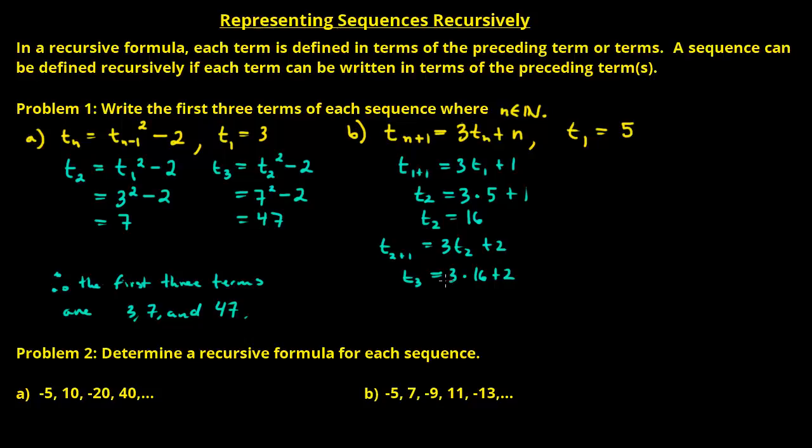So 3 times 16, well, 2 times 16 is 32 plus 16 is 48 plus 2 is 50. So t sub 3 is equal to 50. So the first three terms are 5, 16, and 50.